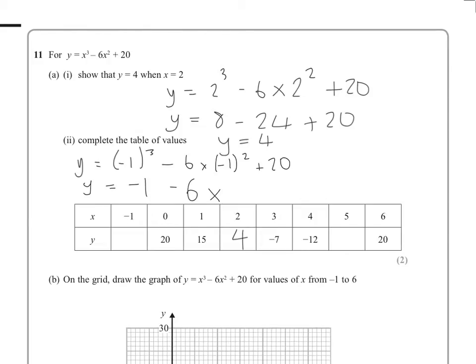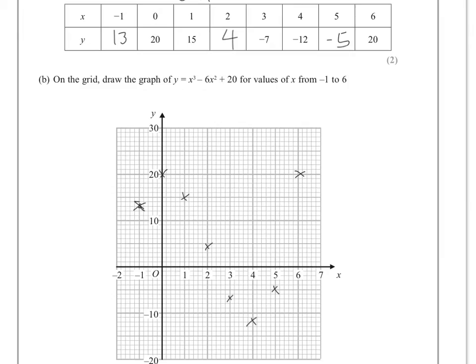Negative times negative is a positive, so that gives me 1 plus 20. So y equals minus 1 minus 6 plus 20. y equals 13. Doing the same with the value 5 gives you the solution minus 5.